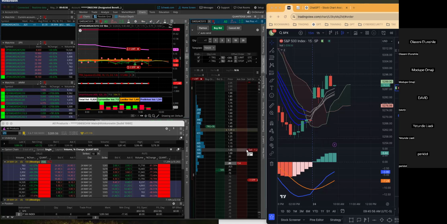I try not to load the boat, especially when the signals are not so clear. You try one contract and see how far that goes, then you gradually increase or buy more as the price reverses.